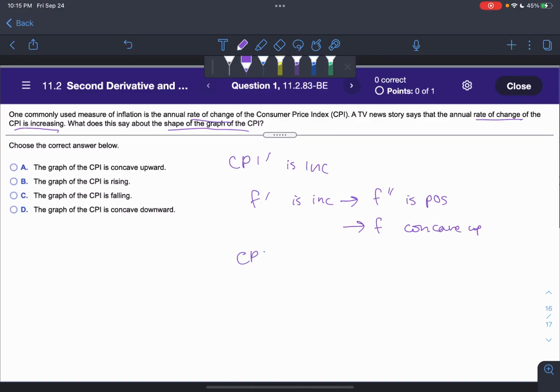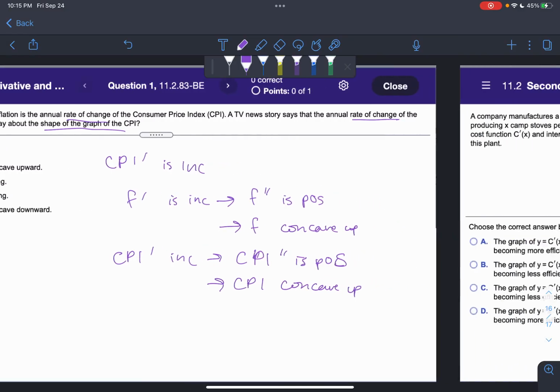F prime is increasing, CPI double prime is positive, and then CPI is concave up. So that is A.